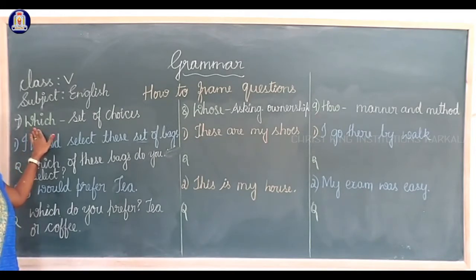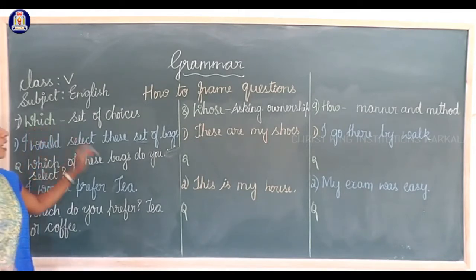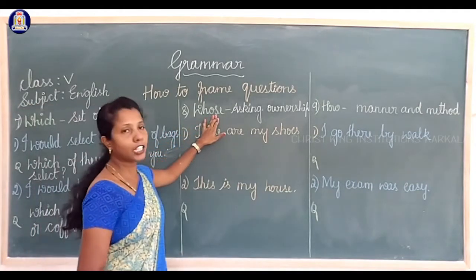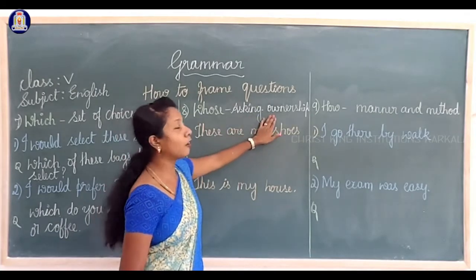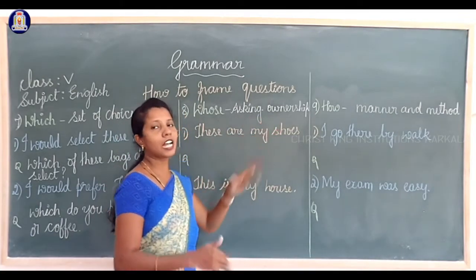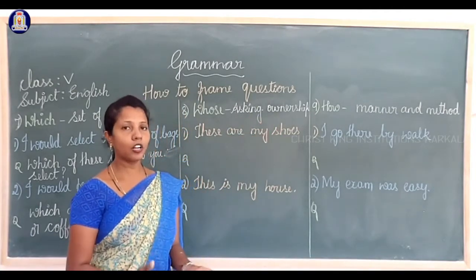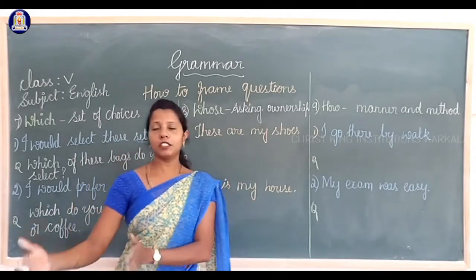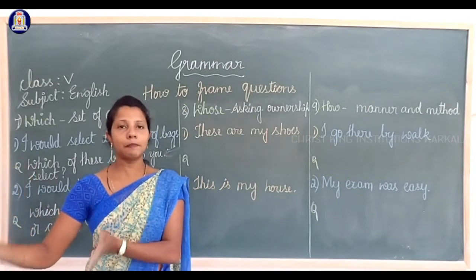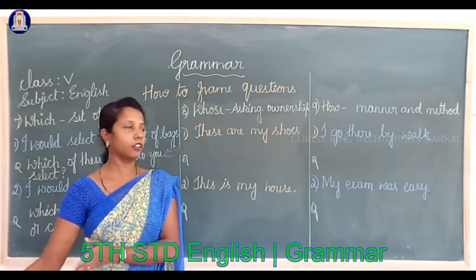Using which you frame questions. Now let's move to the next one, which is asking about ownership. It asks about people, about whom a thing or a particular matter belongs to.